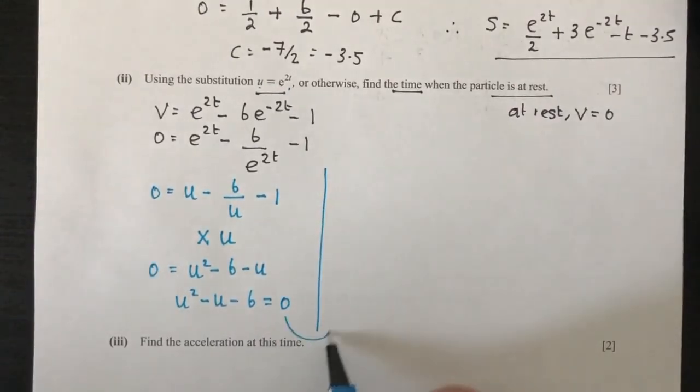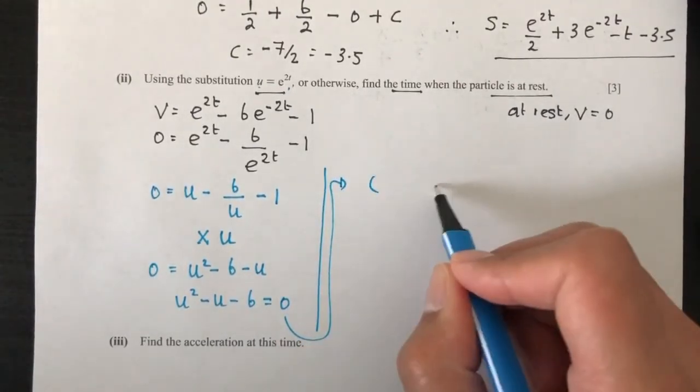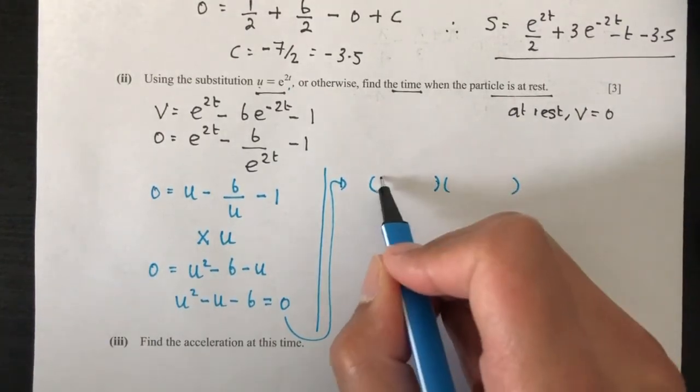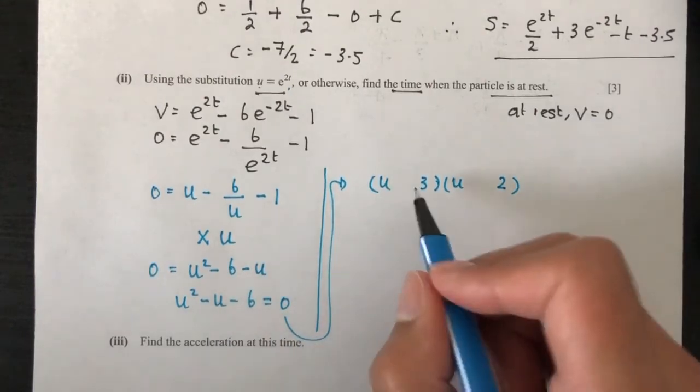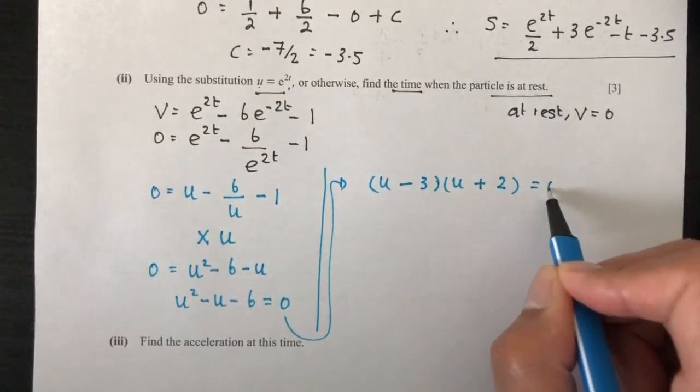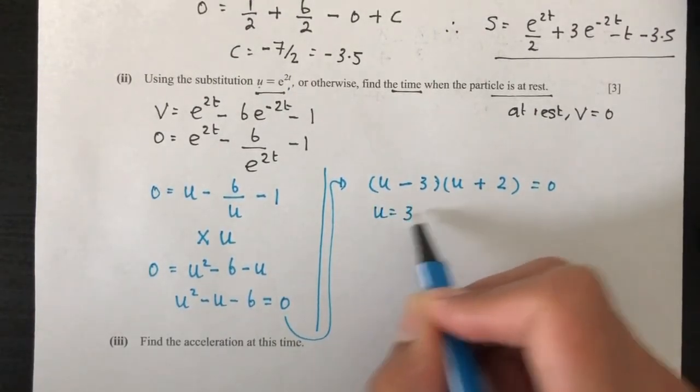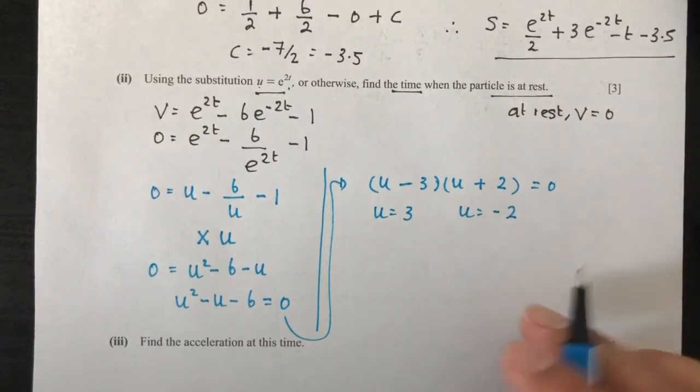So let's continue here. You will have factorization, u times u. 6 is 3 times 2. To get minus 1, you have to be minus 3 plus 2 equal to 0. So u is equal to 3 and u is equal to minus 2.